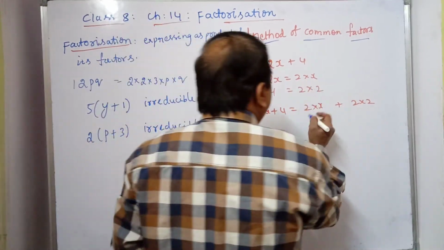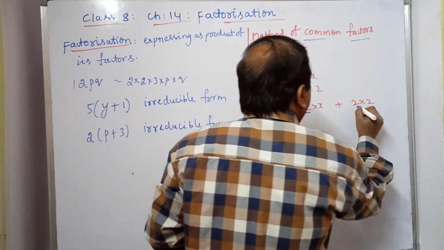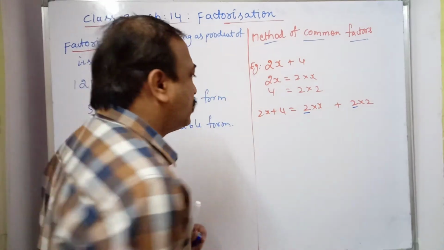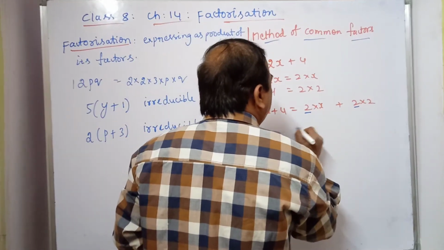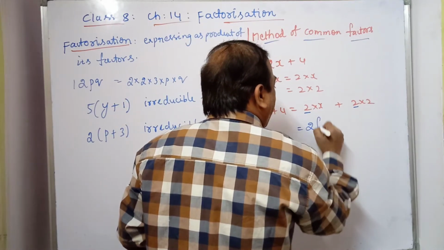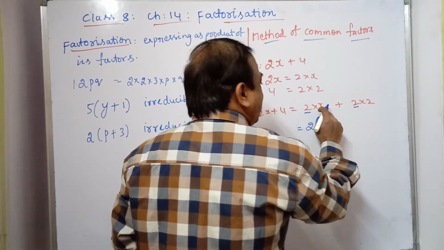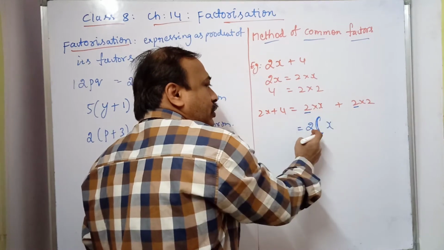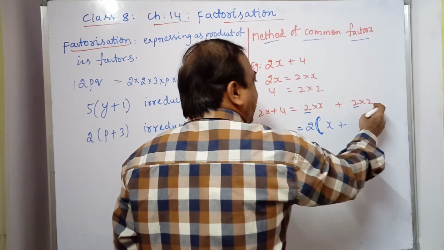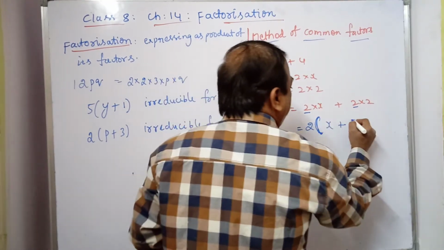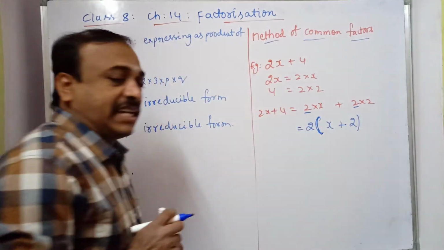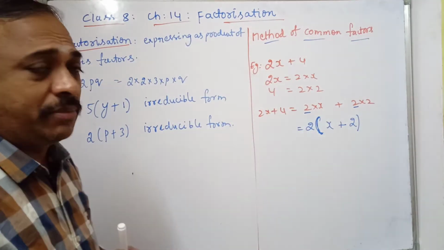Now in this, 2 is a common factor. So we take 2 out of the bracket, then x plus 2. x is left over because in these two we took 2 common, and in the others 1, 2 we took out common. So this is called factorization, which is irreducible form.